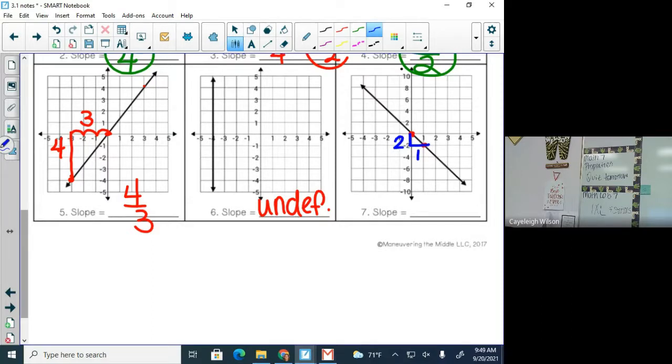Negative. So it's a negative 2 over 1. And 2 over 1 simplifies to just negative 2. And that's a negative slope because it's going down from left to right.